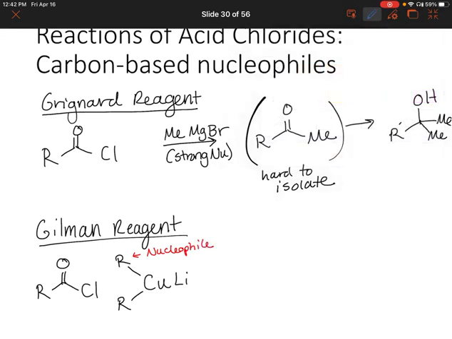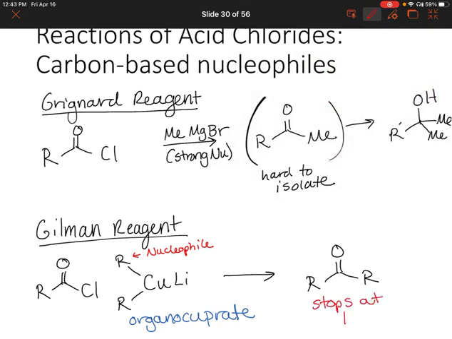And this molecule here is called an organocuprate. So the cuprate refers to copper. But in this particular reaction, again, we're going to stop at the ketone. So if you find yourself needing to turn an acid halide into a ketone, we don't use Grignard reagents, we use Gilman reagents.